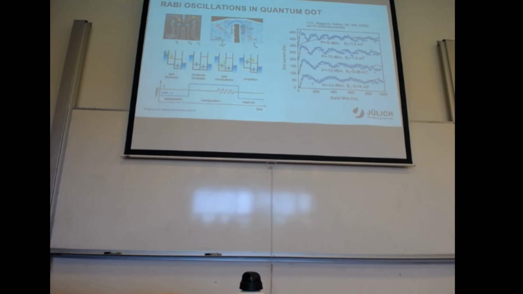I have the system tuned up, they apply this gate voltage to load an electron, then they put everything in Coulomb blockade, so you cannot have any transport, but now you can operate on this spin. And then when you do this as a function of pulse length, you start seeing these oscillations. And this is coherent control of a single electron spin.